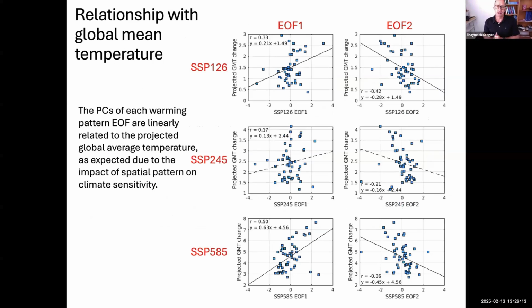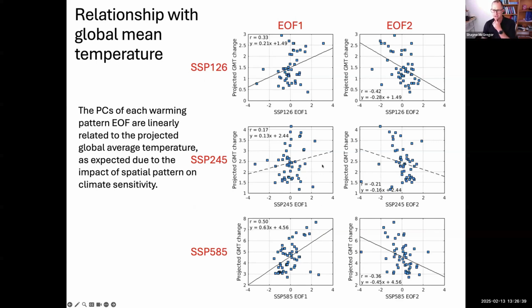We also plotted each of the EOF principal components against the global mean temperature, so the projected temperature, and all of them display a relationship. The correlations are the weakest for the SSP 245 scenario, which is the middle row. We can see EOF1 in the left column, EOF2 in the right column, and then the different scenarios as you move down the page.